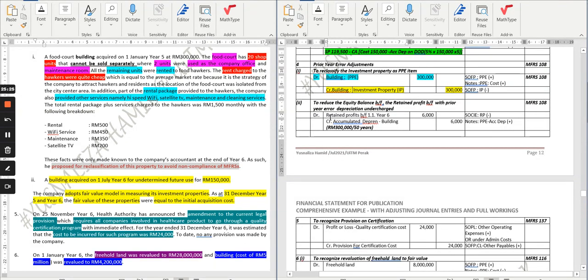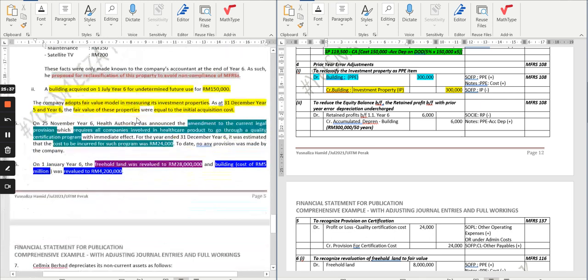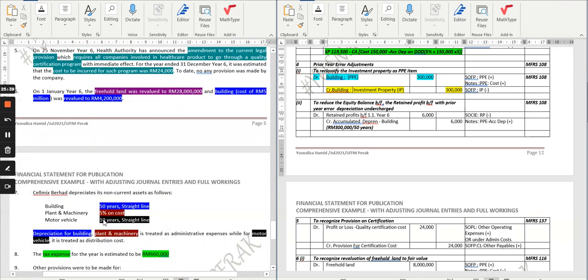You go and adjust the prior period error, debit the equity balance brought forward. Here is the retained profit, 1st of January year 6. 6,000. How do you get 6,000? 300,000 divided by 50 years, which is the estimated useful life for the building, 50 years. So for 1 year, that was 6,000.